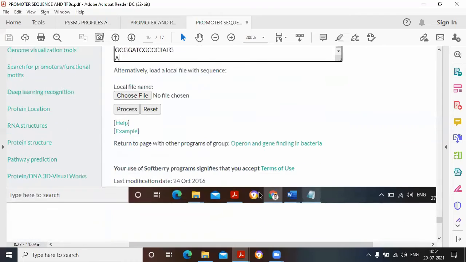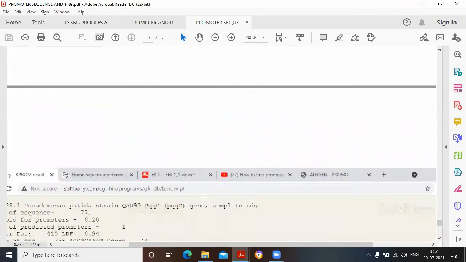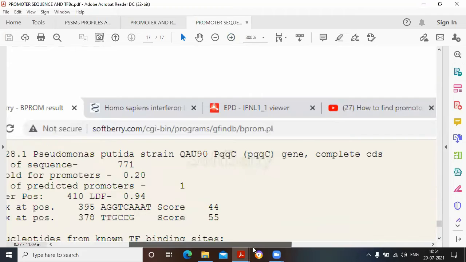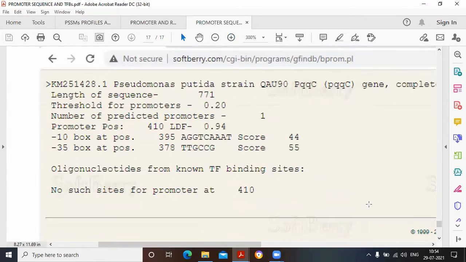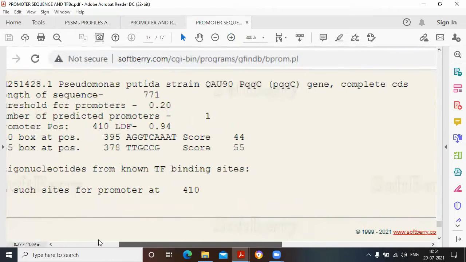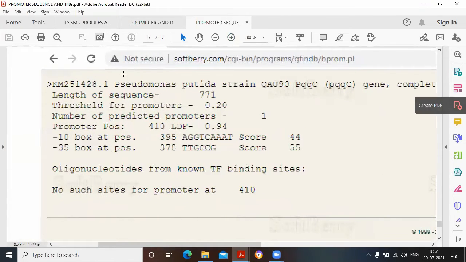Once you provide the sequence and click on process, you again get a similar kind of result. Here they have based it on the promoter by operon part: which sequence was given, and how many nucleotides are present. The threshold parameter they have mentioned is 0.20, and with respect to this threshold value they found only one predicted promoter.